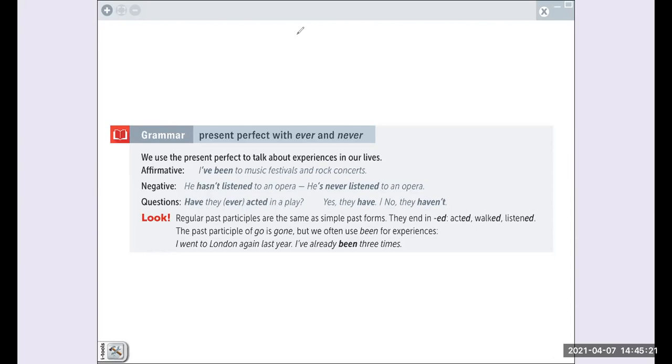Algo que quiero que tomen en cuenta es que muchas veces van a haber oraciones afirmativas que están contraídas. A veces tengan cuidado cuando vean esta contracción, porque esta contracción significa he has y no significa he is. ¿Cómo podemos darnos cuenta si es has o si es is?